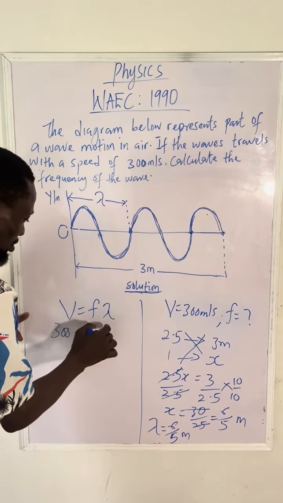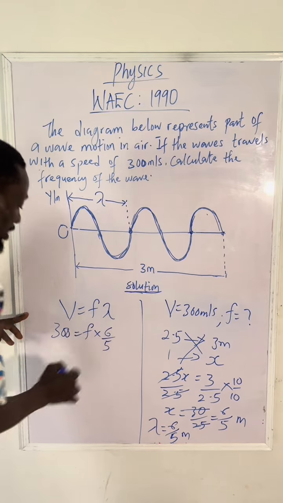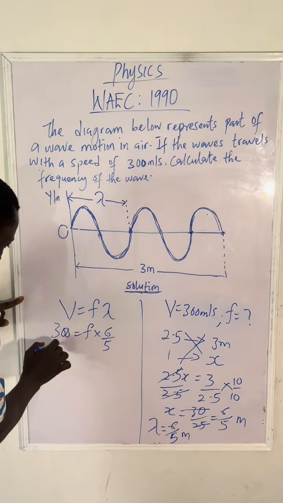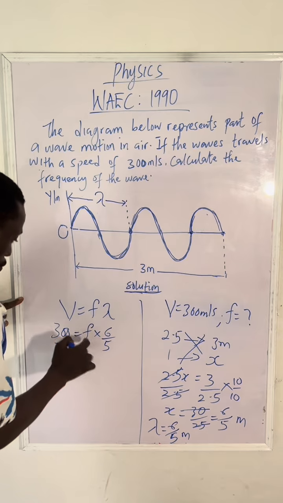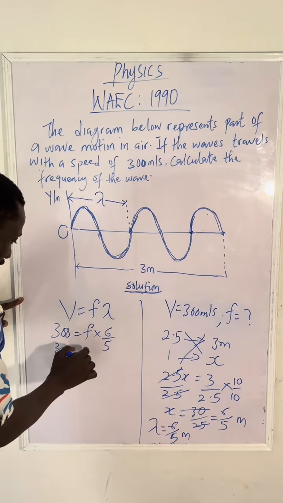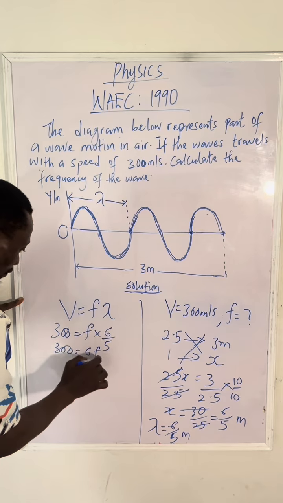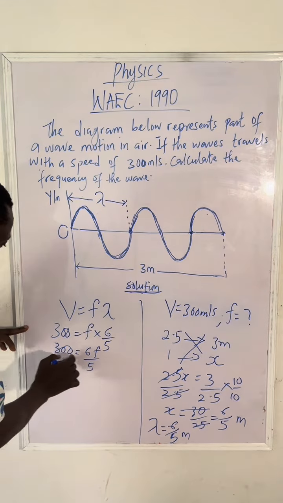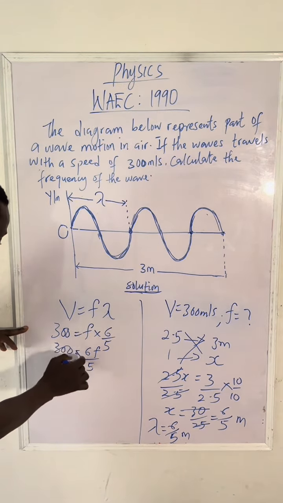So I'll say times 6/5. Am I right? This is going to give me 300 equals F times 6, that's 6F/5, right?